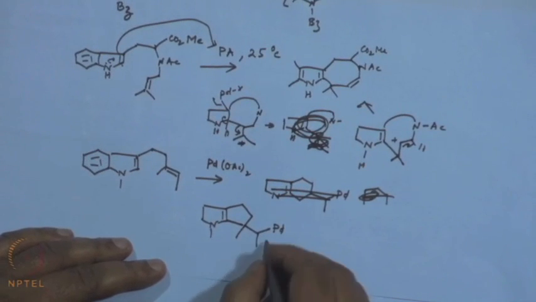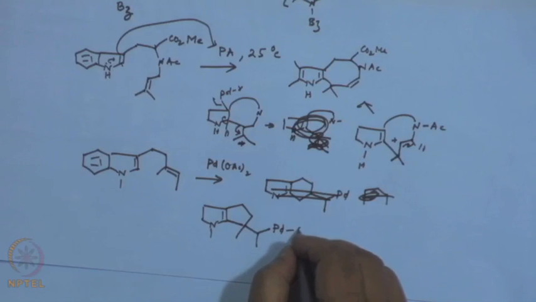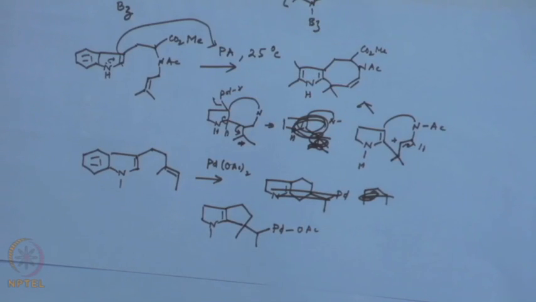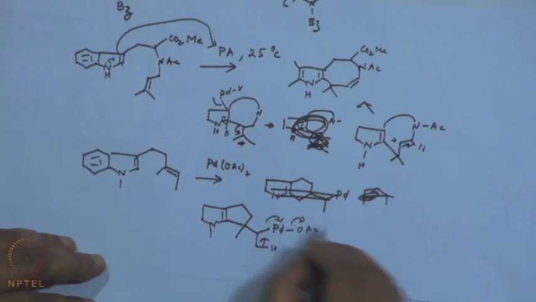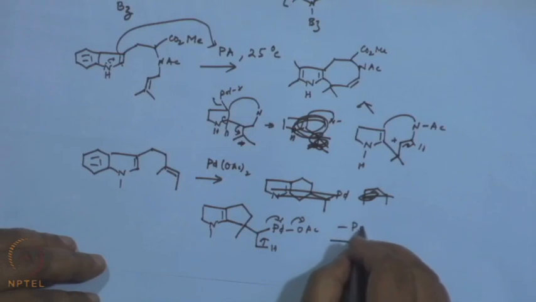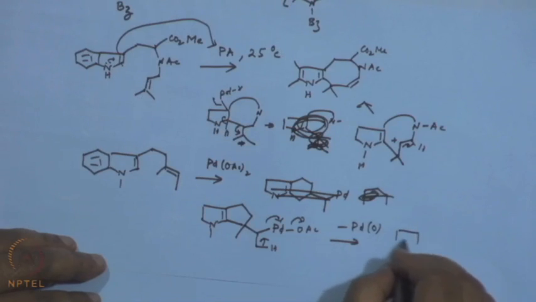Okay, fine. Now what? Now elimination. That's it. That means you are losing palladium 0, and the product is what you get.